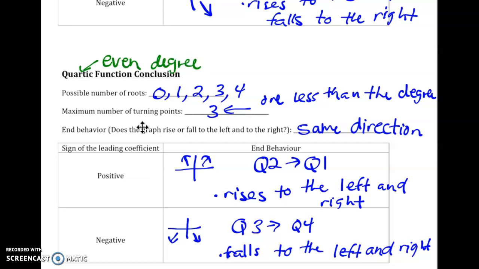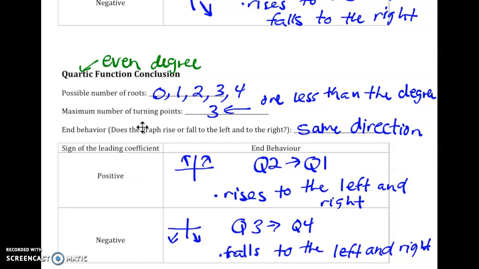And in fact, all even degree functions are going to have the exact same end behaviors as a quartic. So a degree 6 function, a degree 8 function, a degree 10 function, they're all going to have the same. And the most basic even degree function that we know is a degree 2 function, which is a quadratic.